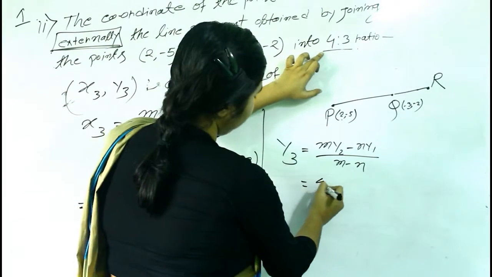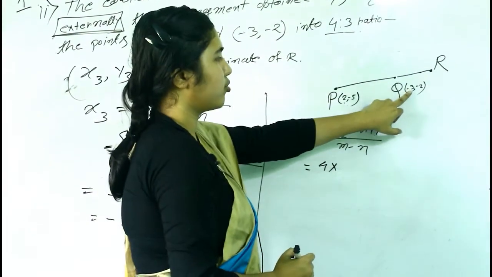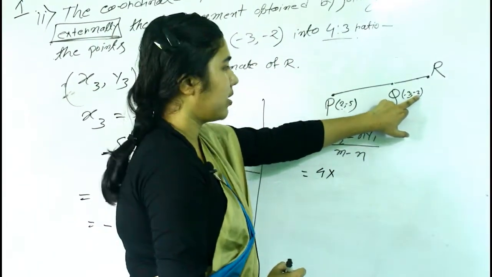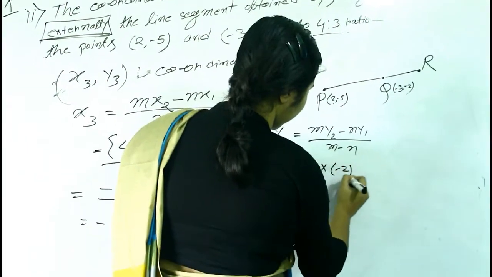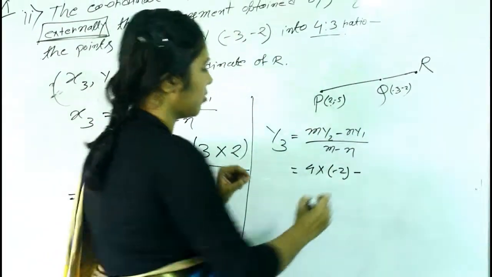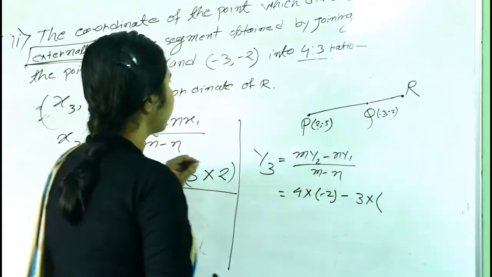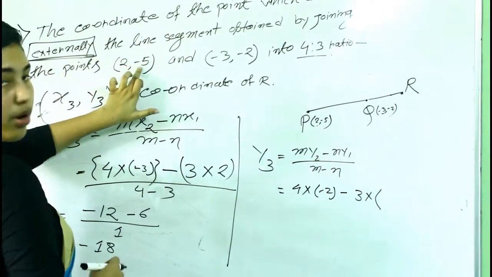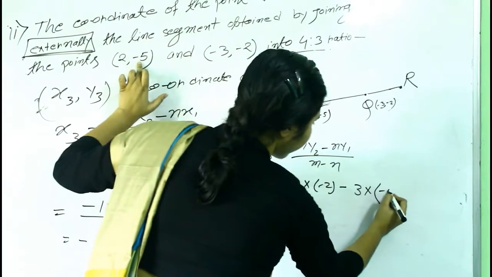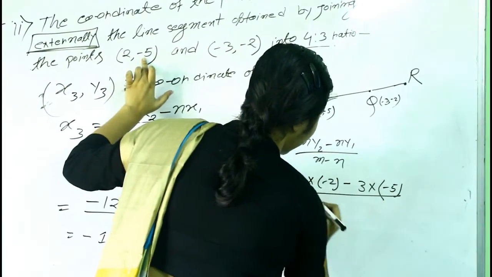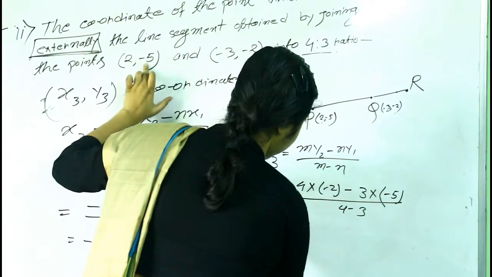Again the value of m is 4 into y2, y2 is -2, minus n into y1. The value of y1 is -5, by again m minus n.